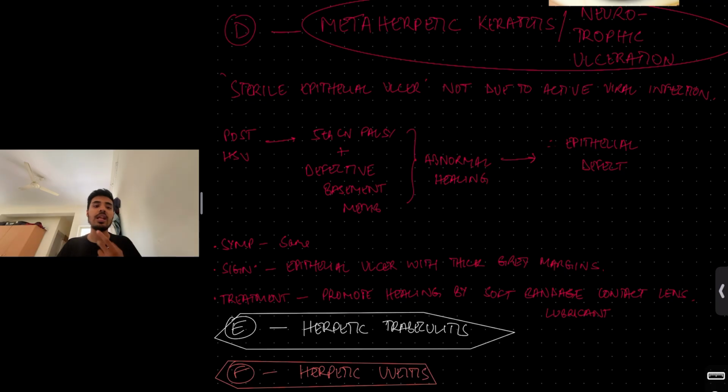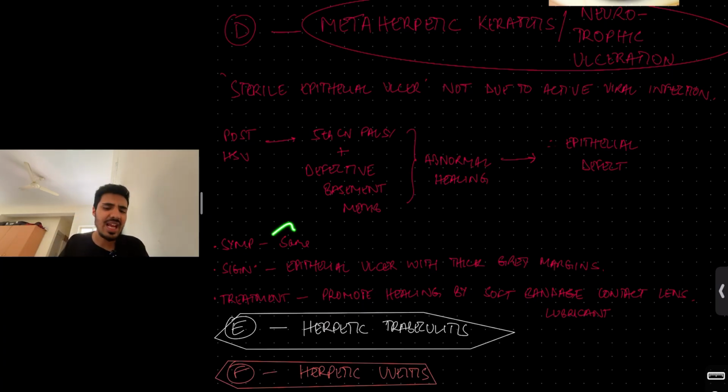If there are complications like fifth cranial nerve palsy, or if there is any defective basement membrane, there is abnormal healing. Abnormal healing leads to persistent epithelial defects which do not heal. These persistent epithelial defects form this sterile epithelial ulcer, metaherpetic keratitis or neurotrophic ulcer.